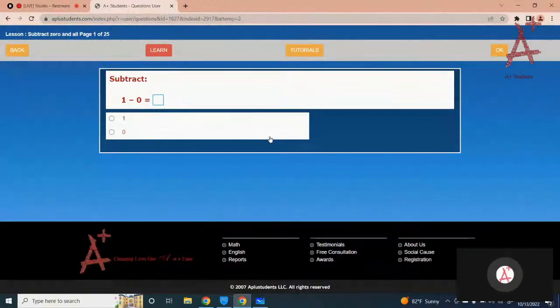That means 1 minus 0 equals 1. Got it? Select the correct option and click on the OK button.